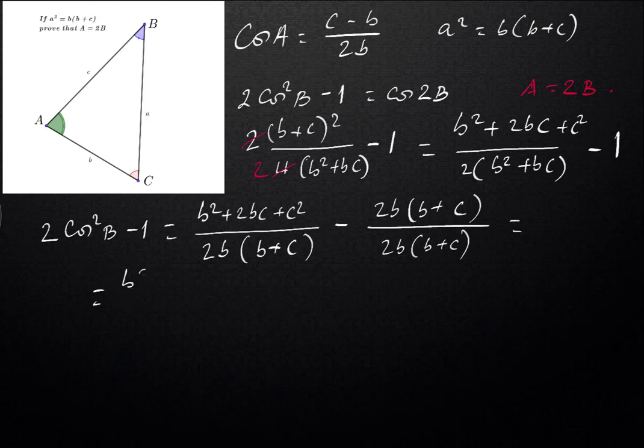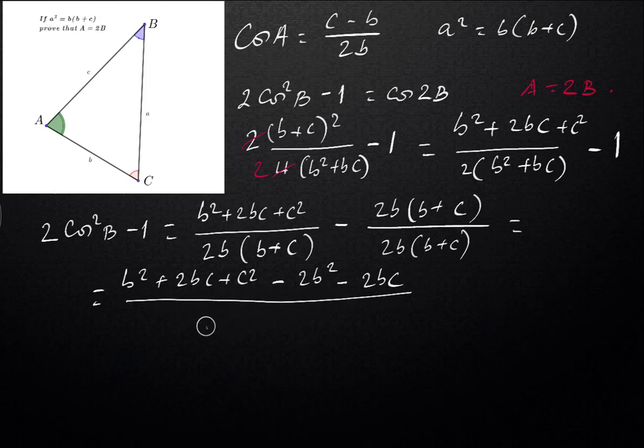So we get B squared plus 2BC plus C squared minus 2B squared minus 2BC, all over the quantity 2B, factor in B plus C. That yields, we can do some simplifications here. 2BC minus 2BC, and B squared minus 2B squared, but we remain with one B squared here.